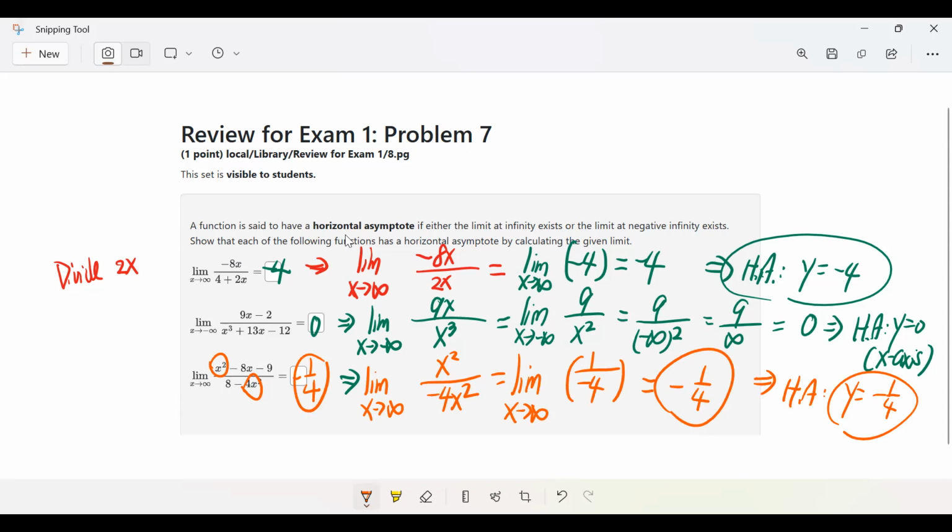Any questions about this? For the first one, where it says negative 8x over 4 plus 2x, why do we get rid of that positive 4 on the denominator? He's asking about the constant. Oh, the constant. Actually, we just dropped it, right?